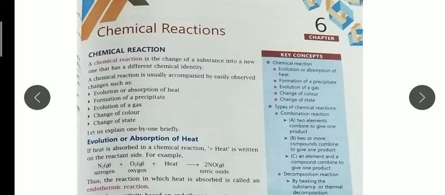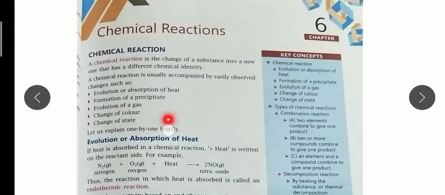A chemical reaction is usually accompanied by a few observations. In a chemical reaction, it can be exothermic or endothermic based on the evolution and absorption of heat. Precipitate is formed, gas is evolved, or we can see a change of color.